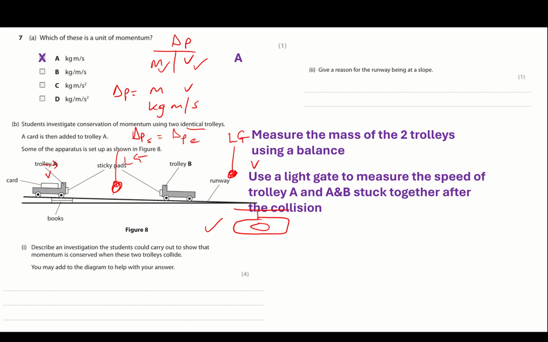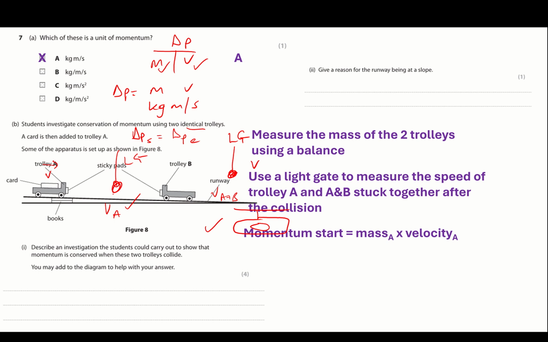Then once they've collided, we want the speed. So I'm just going to put velocity of trolley A. I'm going to measure that. And afterwards, through the light gate, I want the velocity of A and B stuck together. That's really hard to word, and that's my best way of wording it. In fact, that really should say use light gates to measure the velocity of A, and then A and B stuck together after the collision.